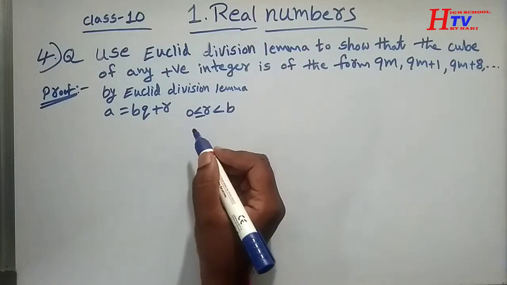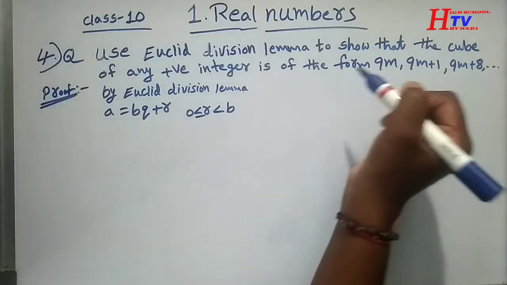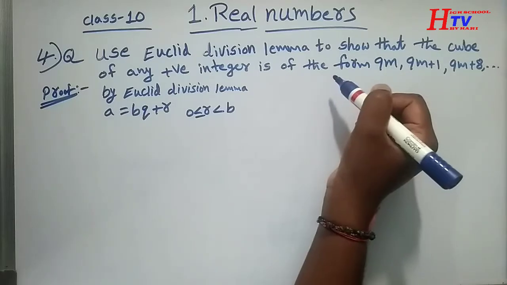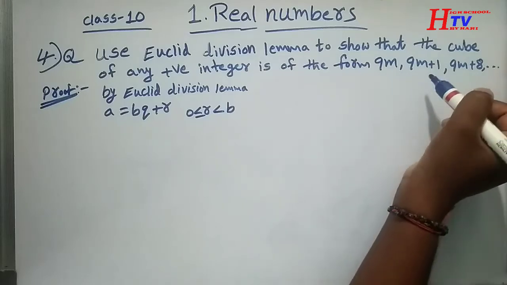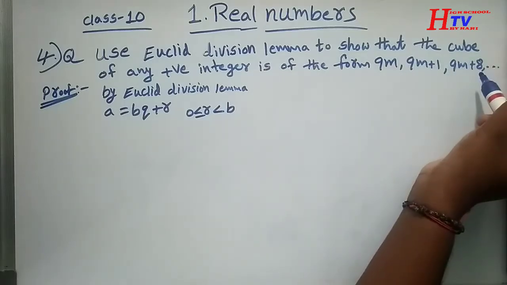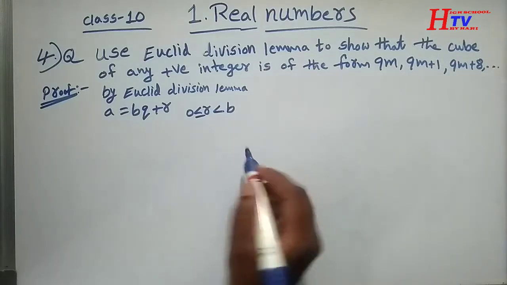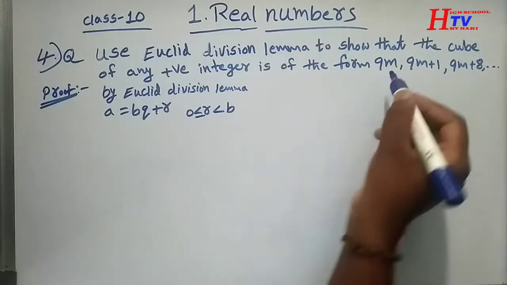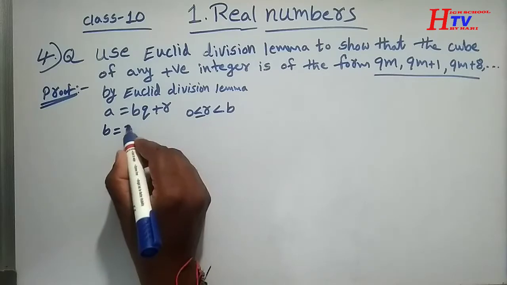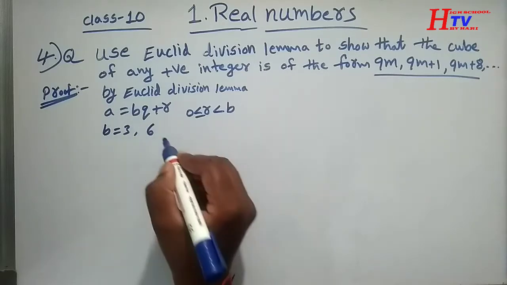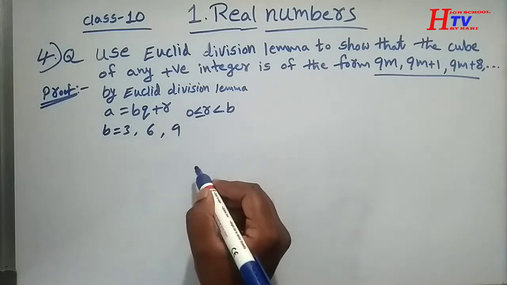Now we have to show that the cube of any positive integer is of the form 9m or 9m plus 1 or 9m plus 8 by using Euclid division lemma. This can be proved by taking b equals to 3 or b equals to 6 or b equals to 9.